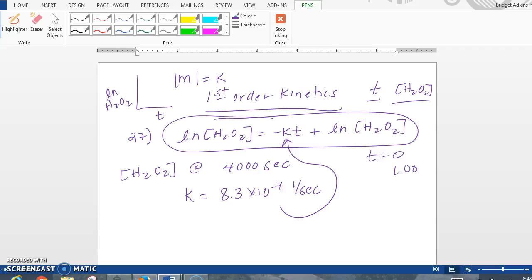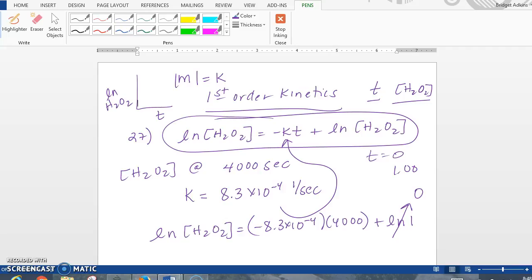So if I plug in, the natural log of concentration is equal to negative 8.3 times 10 to the negative fourth times 4,000 plus the natural log of 1. And you'll see that that works out nicely because the natural log of 1 is 0. That's where that graph of natural log crosses the axis.